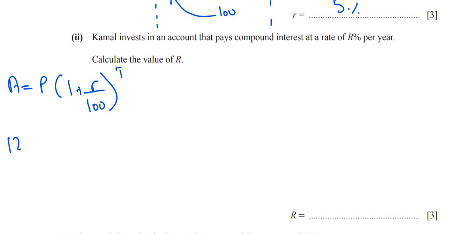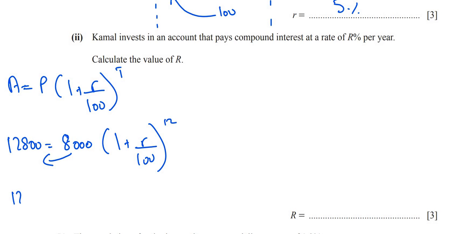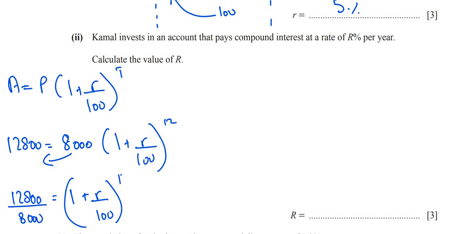They got 12,800. How much principal did they invest? They invested 8,000. And 1 plus R upon 100. How much time? 12 years. So 8 will go over there. So 12,800 divided by 8,000 is equal to 1 plus R upon 100 raised to power 12.